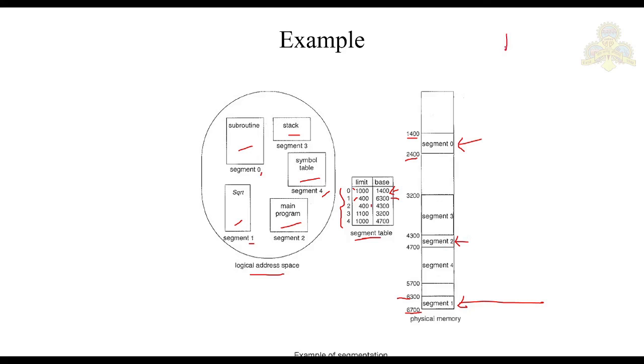So first you have to have the base of segment 2. Base address is 4300. Now what you have to do? As we all know, the reference is to byte 53.